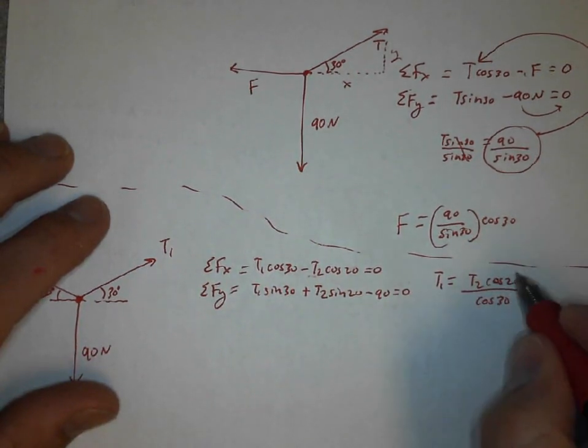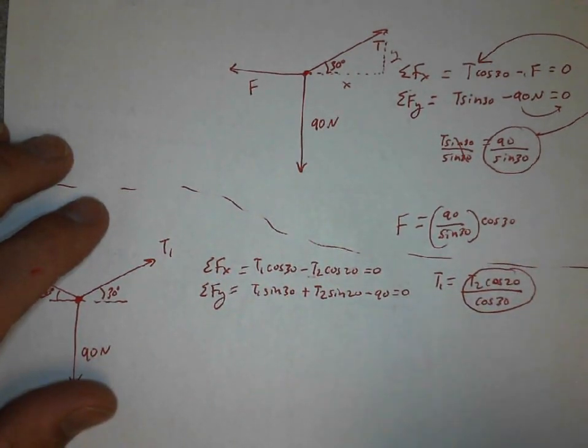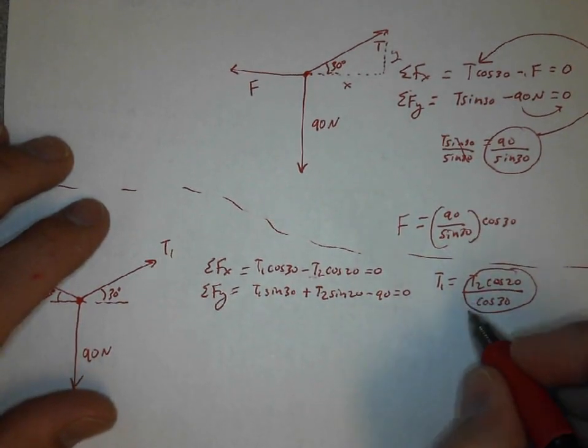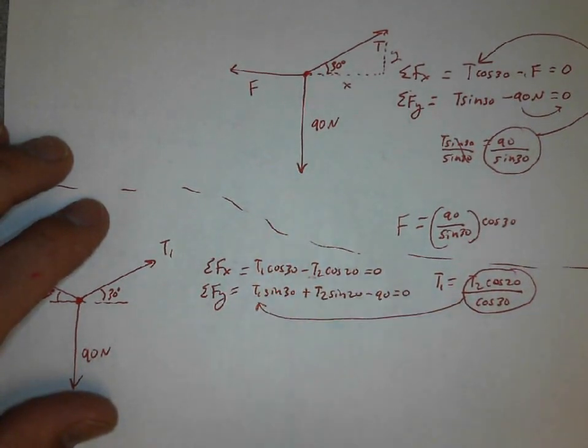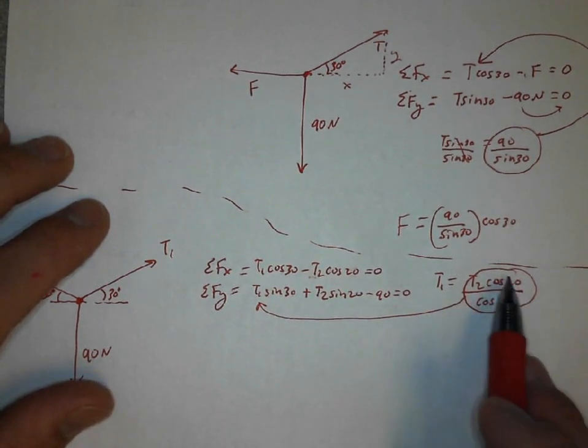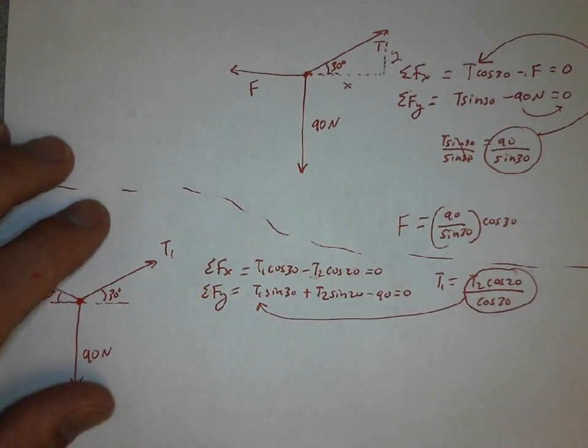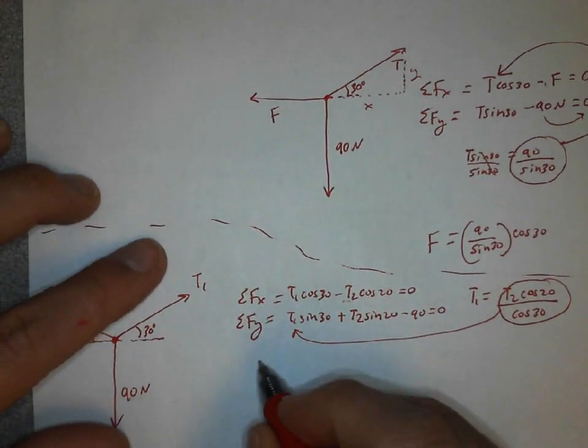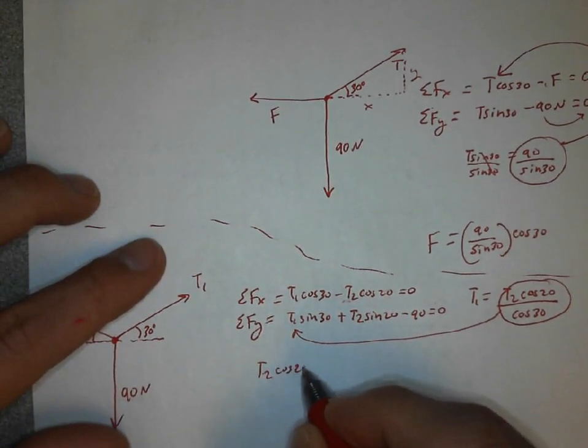Now I'm going to take this blob and plug it in for my T1 here, because T1 equals this. So I can substitute it for T1 in my second equation. So my second equation looks like this.